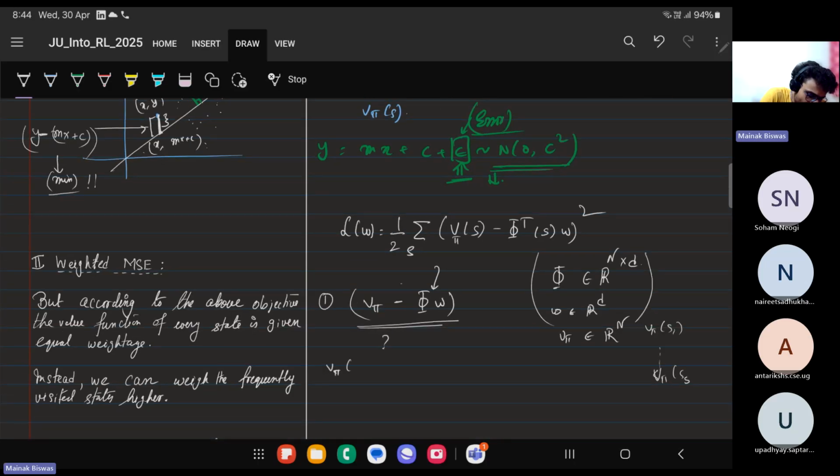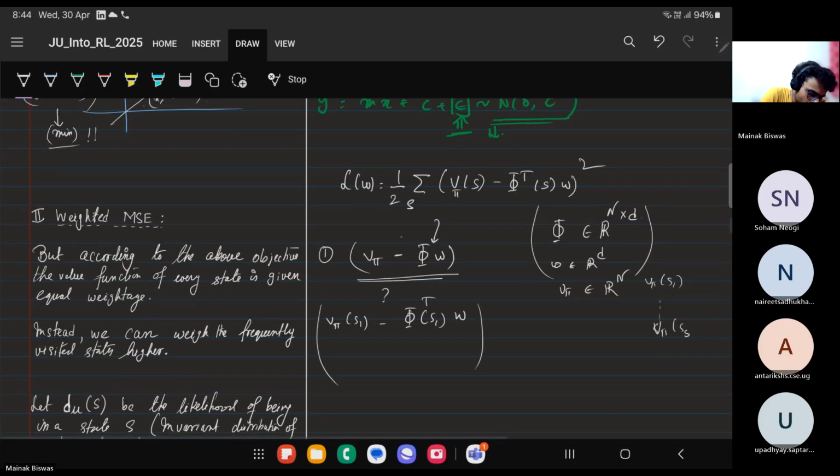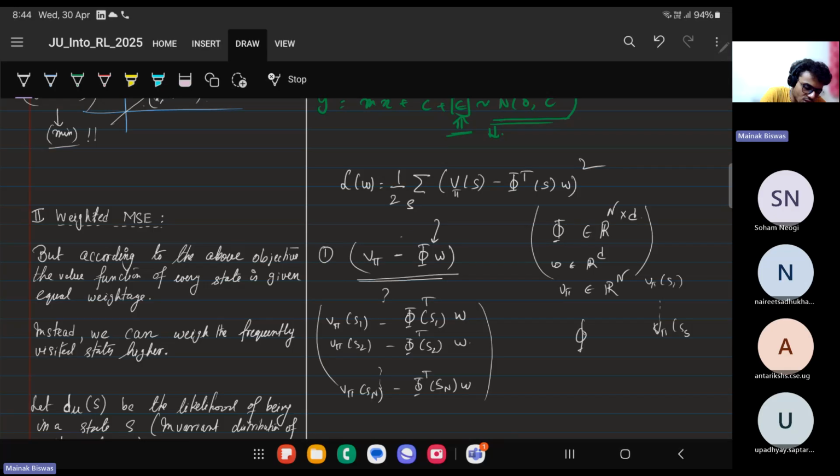This would give me V pi of S1 minus phi of S1 transpose W, V pi of S2 minus phi of S2 transpose W, and so on till V pi of Sn minus phi of Sn transpose W. Yes or no? Remember, phi is an n cross d matrix and W is d cross 1. Correct? So you get an n cross 1 vector. Yes or no?